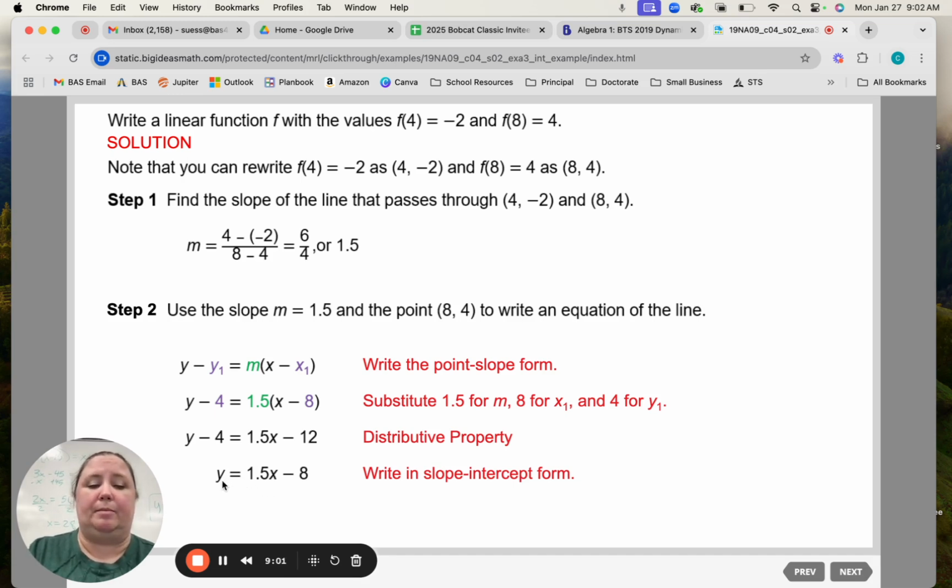Now the last thing is to put it in function form, which is all we replace the y with what? F of x. So your answer is f of x equals 3 halves x minus 8. If you put 1.5x minus 8, I will not mark it wrong. I might make fun of you. I'll draw a picture pointing at it going, what is this?